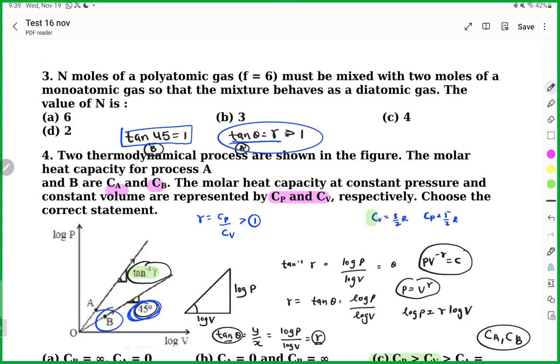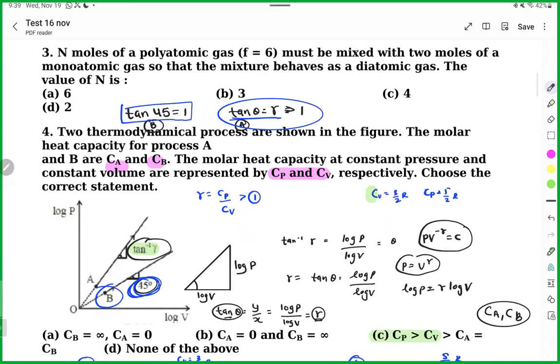Gamma will be more. Can we say CA will be greater than CB? Yes, CA will be greater than CB. Why? In B it is 1. In A it is more than 1. So CA is greater than CB. Yes or no?